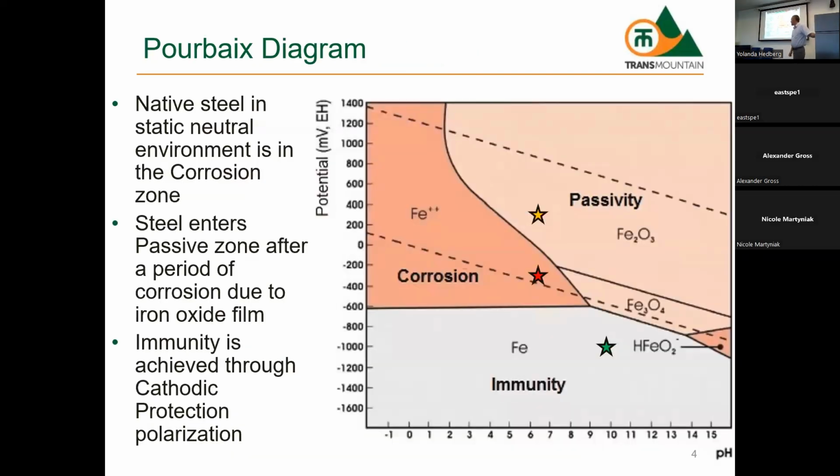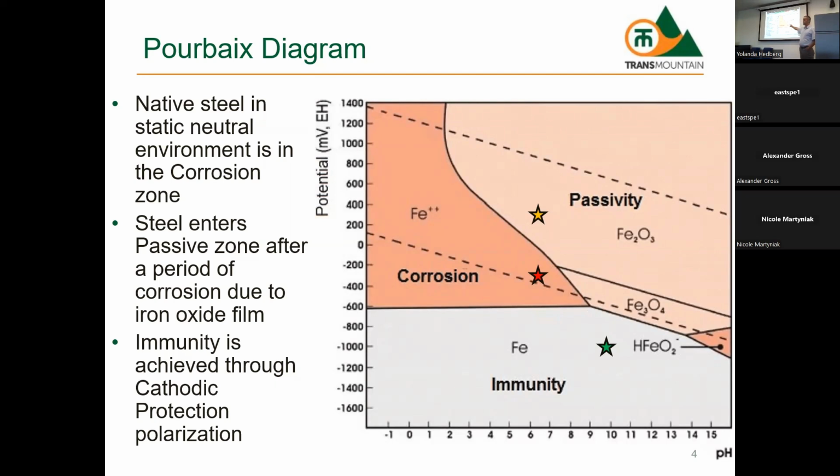On the Pourbaix diagram, cathodic protection takes metal, specifically steel, that is in the corrosion portion of the diagram and adds electrochemical energy to it. And on the y-axis, you can see it going more electronegative.